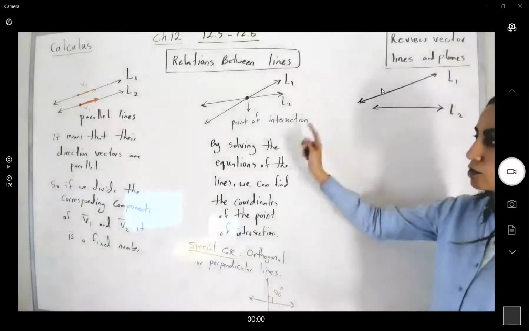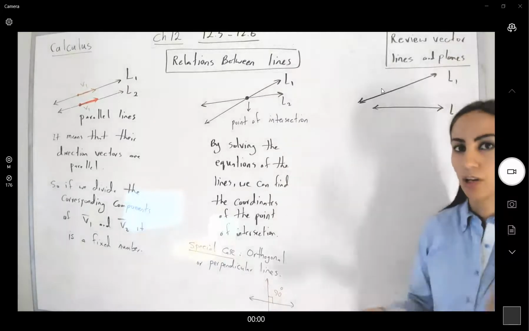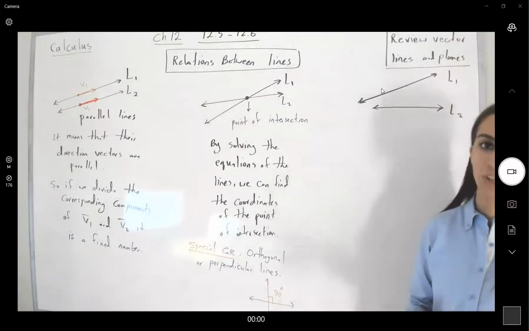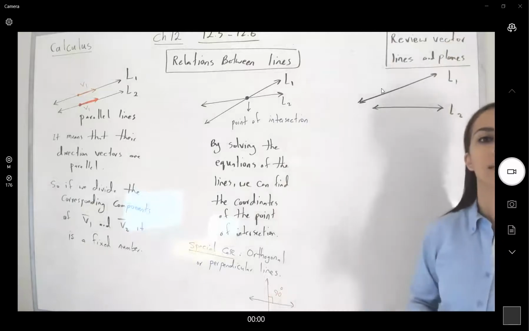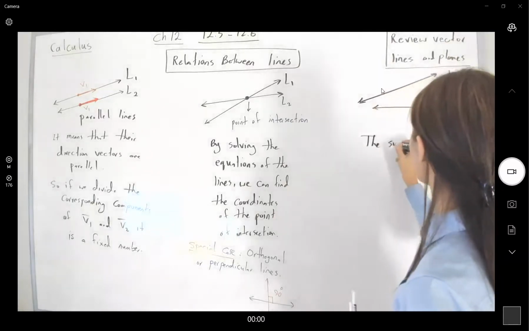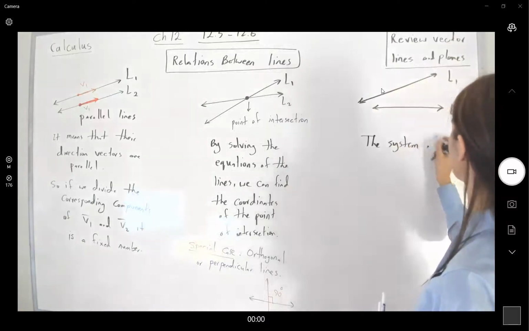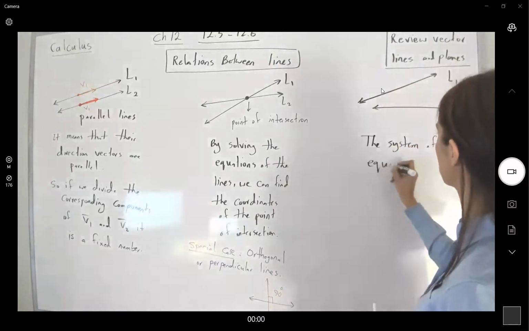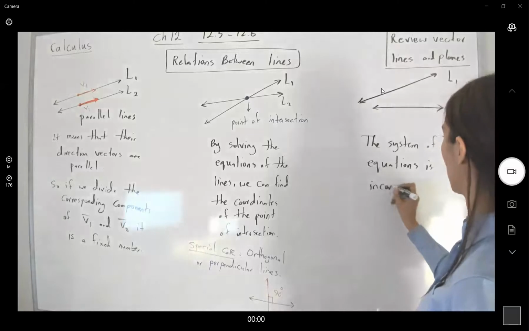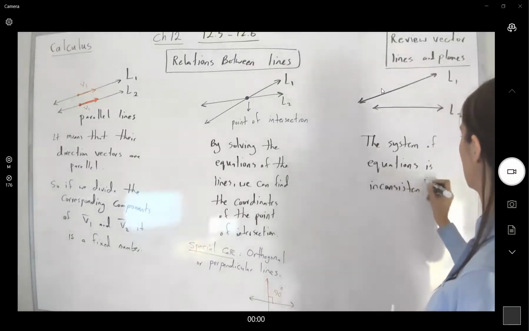It means that if you solve the equations of the lines, we don't get any answer. The system of equations is inconsistent.